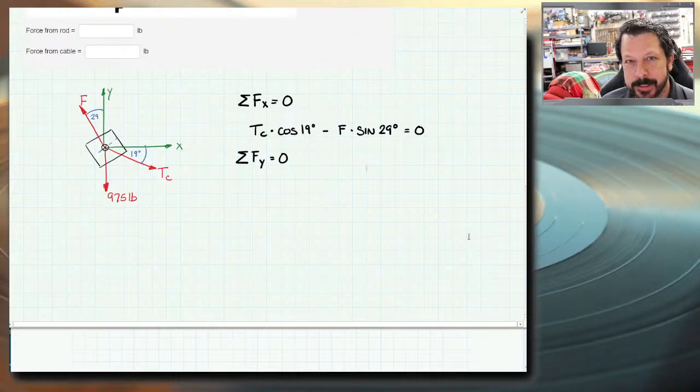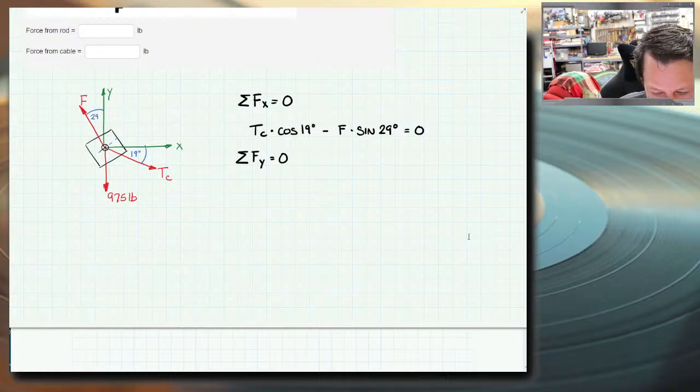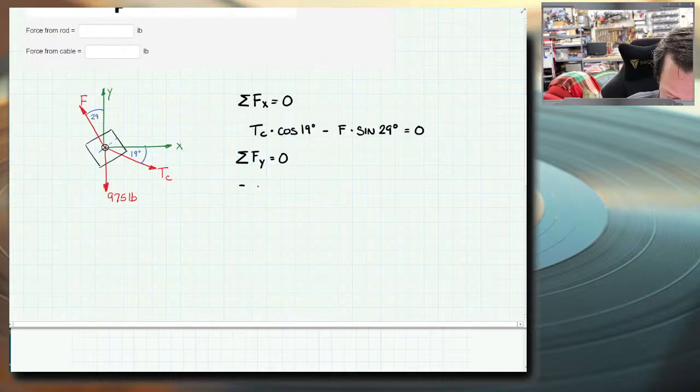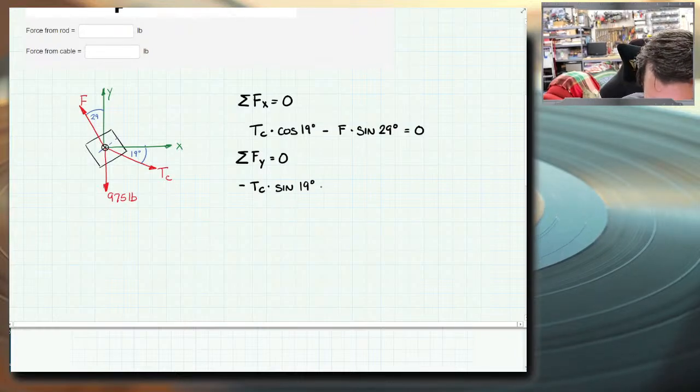But now, since I want to solve this a particular way, I need to write TC as the first variable in the y equation. So TC has a negative y component. It's pointing downwards a little bit. So minus TC times sine 19 degrees. F has a positive y component. It's pointing mostly upwards. Plus F times cosine 29 degrees.